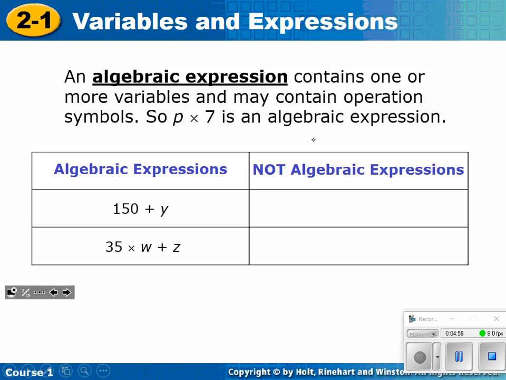The other one is numerical expression. We already talked about that. What is a numerical expression? What does it have? Numbers and symbols. That's it. Look, numbers, symbols, numerical expressions. Algebraic expressions, the only difference is algebraic has letters.